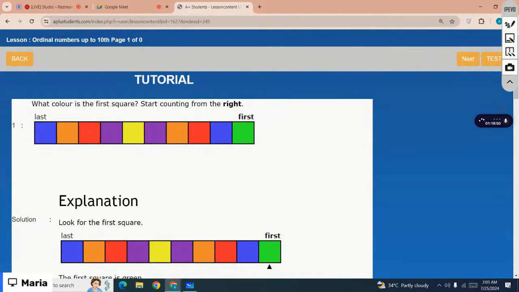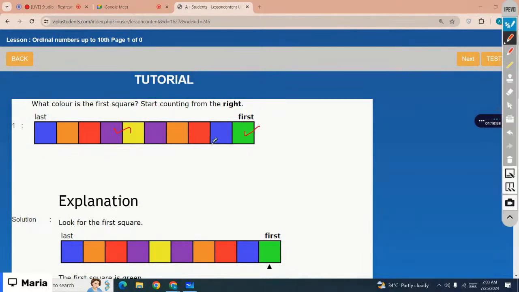The word first tells you the position of the square, right? That means you need to see the square that is at the first position. So this one is at the first position and that is green, right?